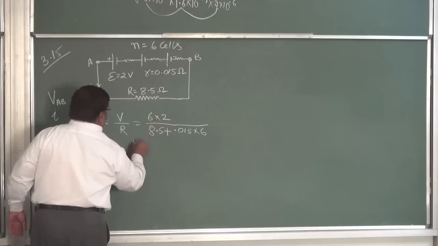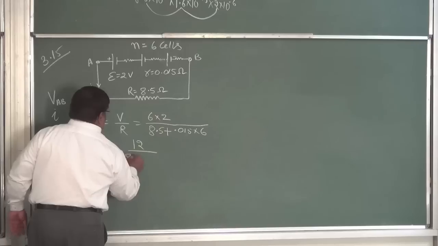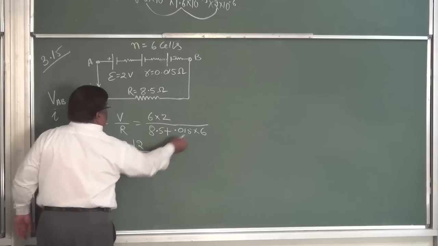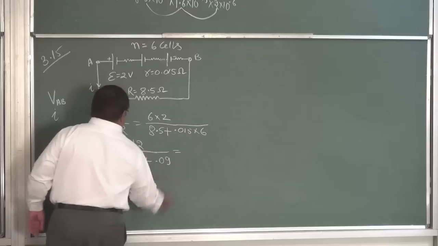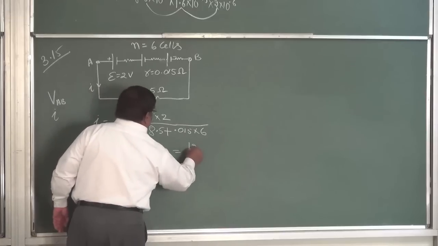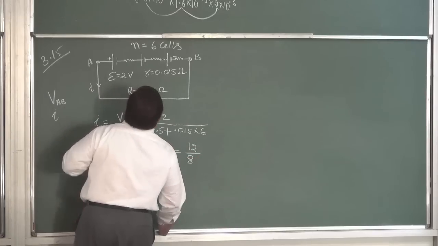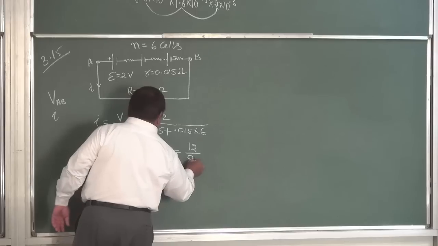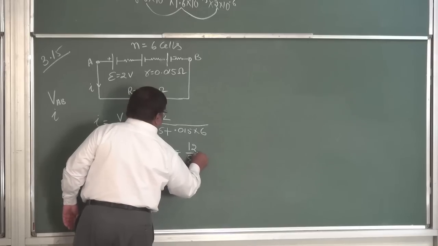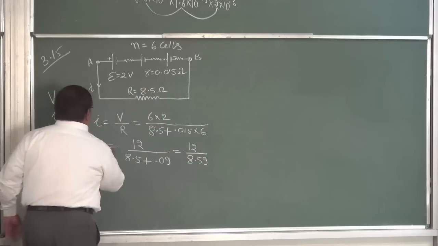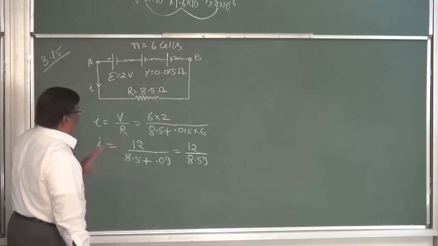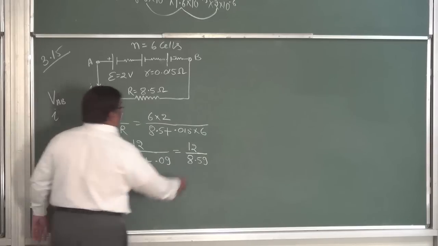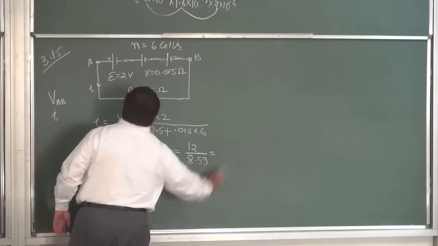This is 12 upon 8.5 plus 0.09. So this comes to 12 upon 8.59. This is the value of I. Now this is the one answer we got. We will get the value in decimals.